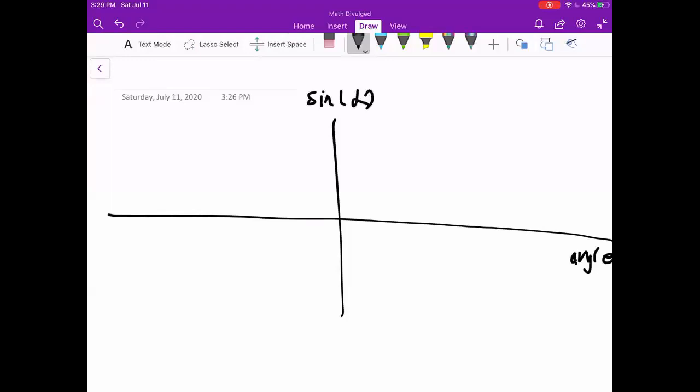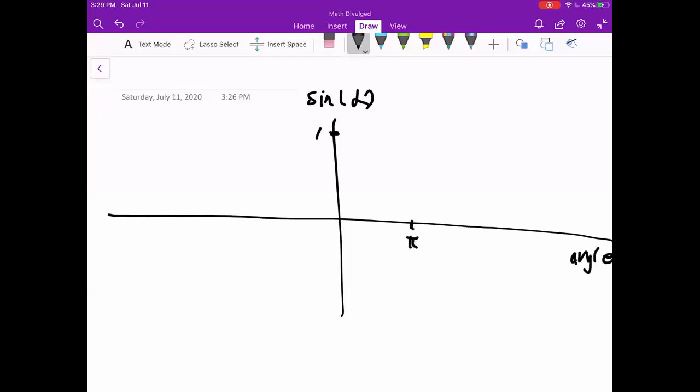So we can start to plot this on a graph. We'll start at alpha equal to 0. Sine of 0 is equal to 1. And now let's plot the point at 180 degrees, or pi.